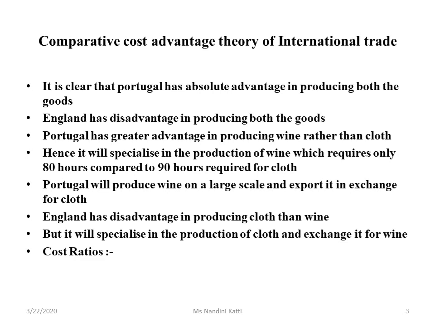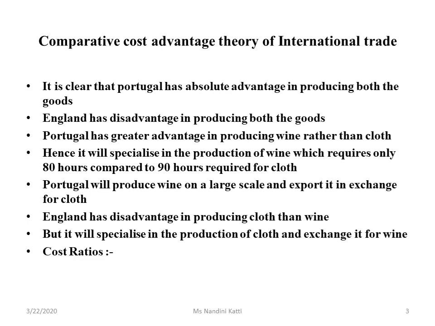England, as mentioned earlier, has clear disadvantage in the production of cloth and wine, but its disadvantage in the production of cloth is less. Therefore, it will specialize in the production of cloth and exchange cloth in return for wine.